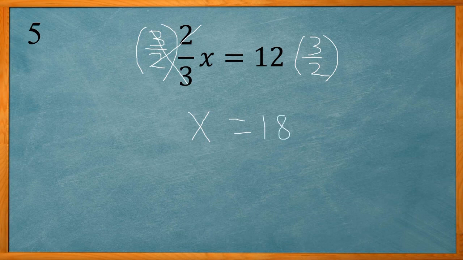So 2/3 times 18 equals 12. We had a fraction, so we had to multiply by the reciprocal of that fraction on both sides in order to reduce this number down to 1x. And then you have to multiply the other side by that same reciprocal.